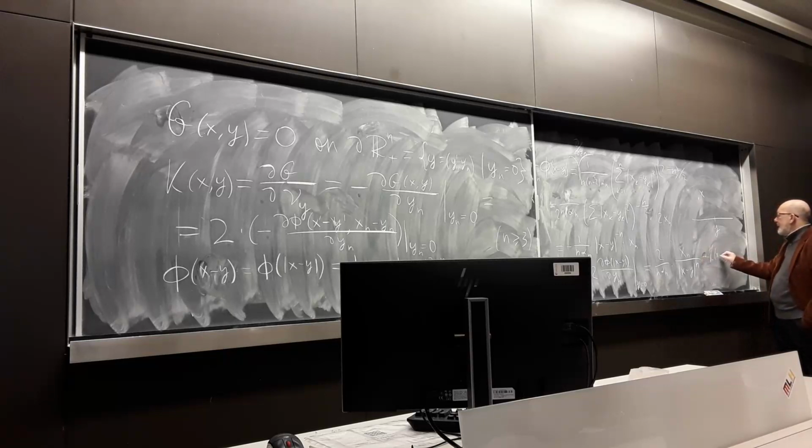K(x minus y) is homogeneous of order 1 minus n. So along each ray, it decreases as the distance to y to the power 1 minus n. It is just 1 less than the function phi itself.